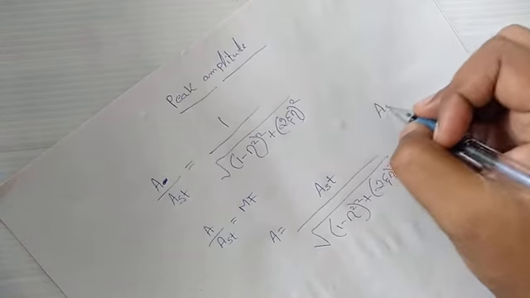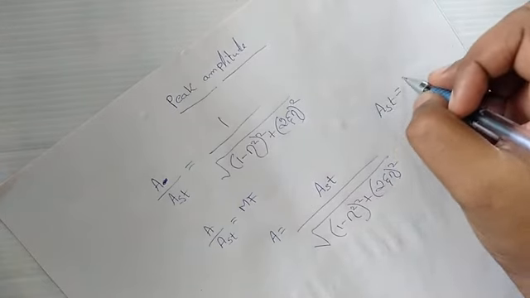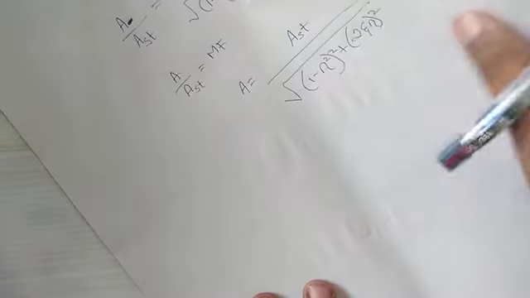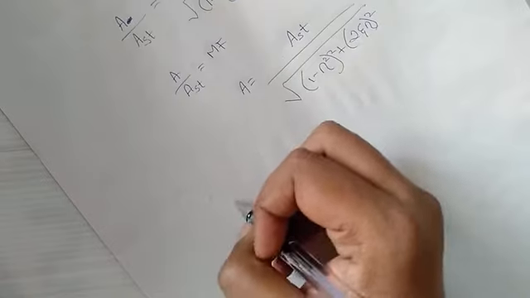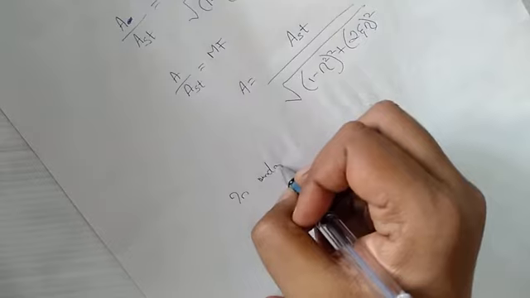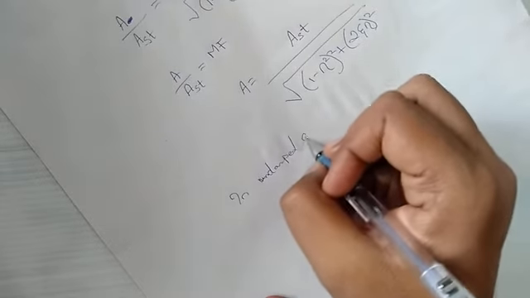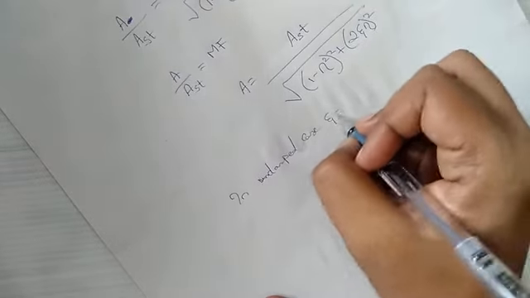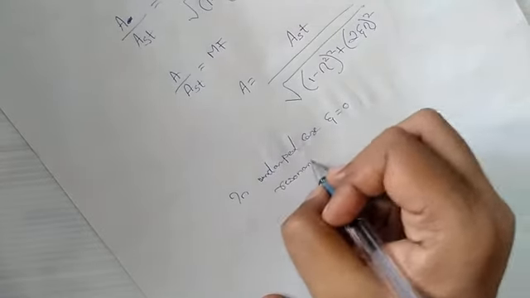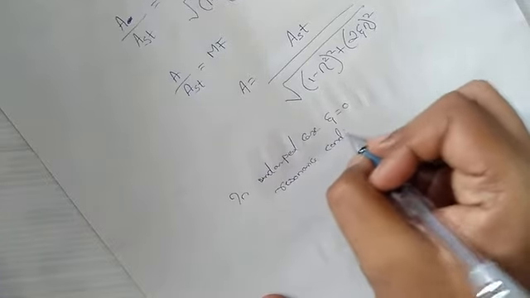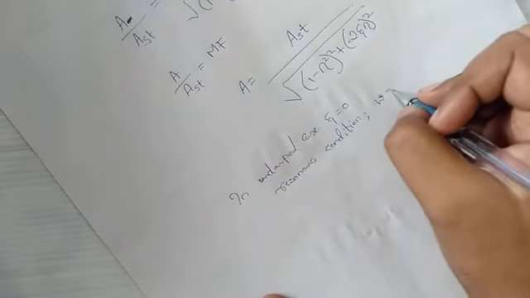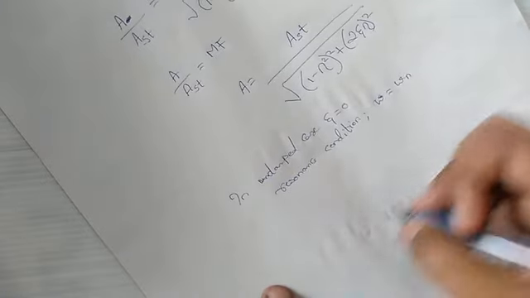So this is static deflection, which is equal to F naught by K. So in the undamped case, that is zeta equal to 0, and at resonance condition, that is omega equal to omega n, what happens?